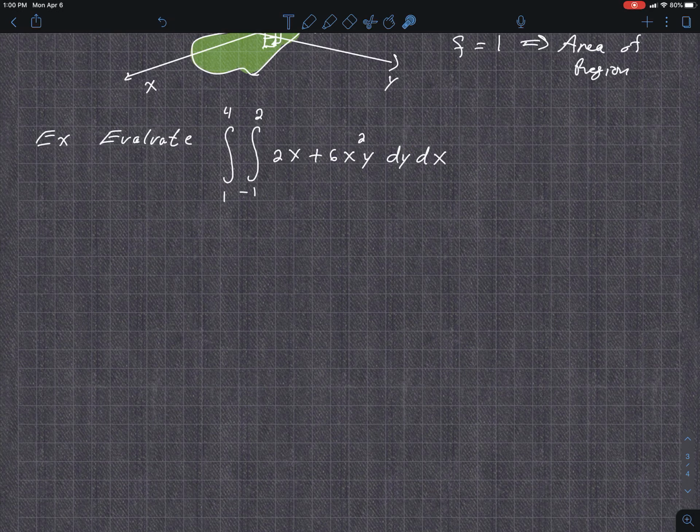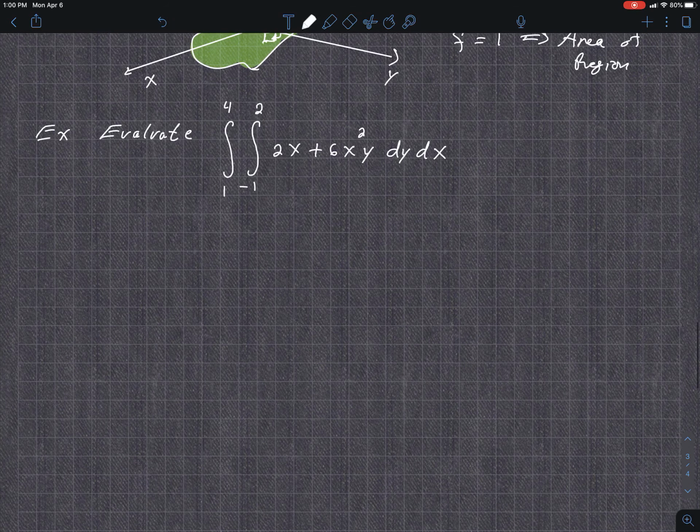So first you're going to integrate with respect to y. And then these are your limits of integration for y. So y is from -1 to 2, and then x goes from 1 to 4. So our region is defined, and this is what you've got to pay very close attention to. Your region is defined by those. That's the most important part about most of this stuff.